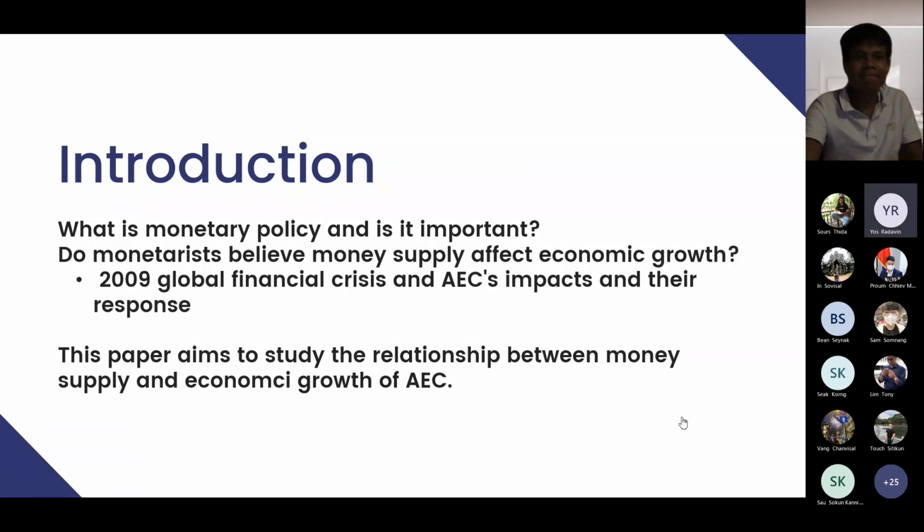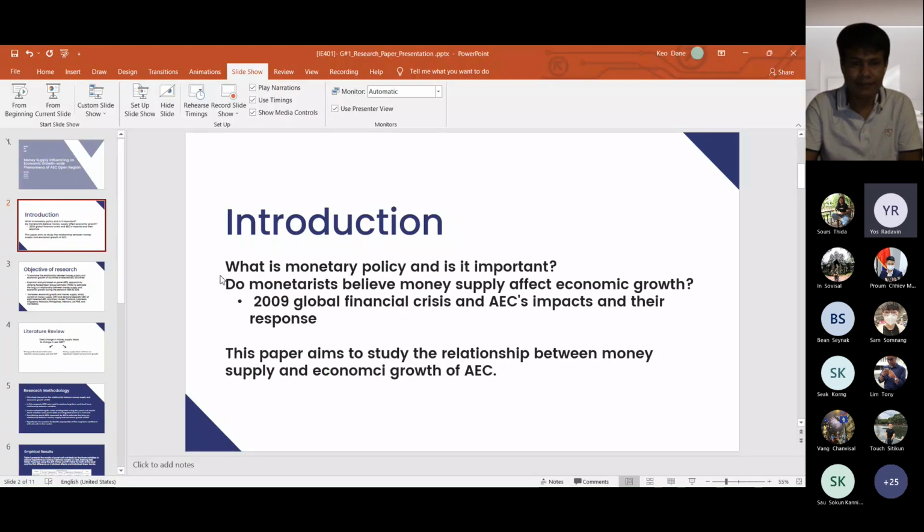Thank you. So our group will do a presentation on the topic of monetary policy. The topic is about money supply influencing economic growth, with evidence from the AEC open region.